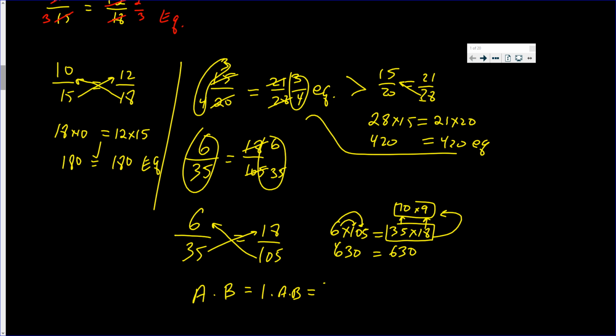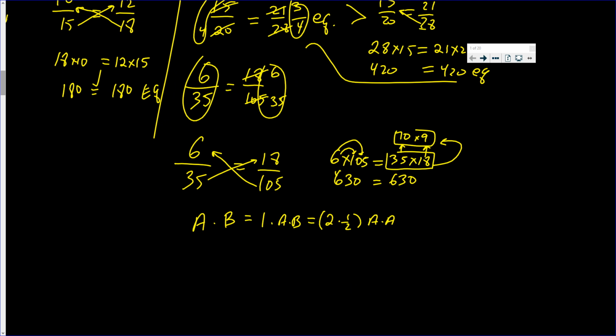And the way I want to write the 1 is 2 times a half times A times B. And I am now multiplying 4 numbers. I can multiply in the order I like. I like to multiply the 2 and the A first. Then I'm going to multiply the half by the B, which is the same as B over 2.